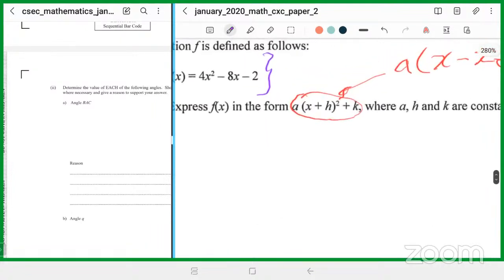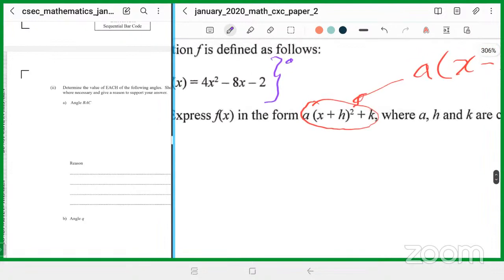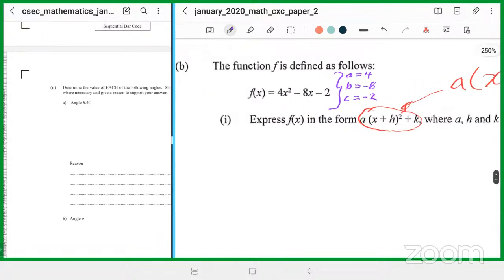Let's write the a, the b, and the c. The a is equal to 4, which is the number in front of the x squared. The number in front of the x is -8, so the b is equal to -8, and the c is -2.